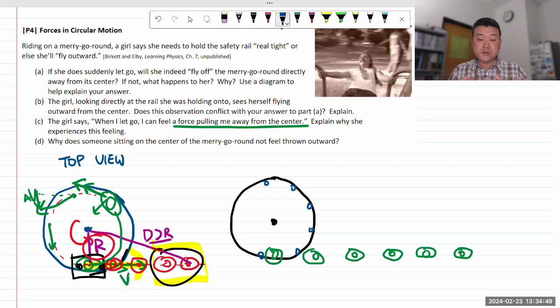So let's look critically at what the girl sees as she looks back at the center of the merry-go-round. So you start out with the railing being to her left and watch this line of sight from the girl on the merry-go-round back to the center of the merry-go-round.